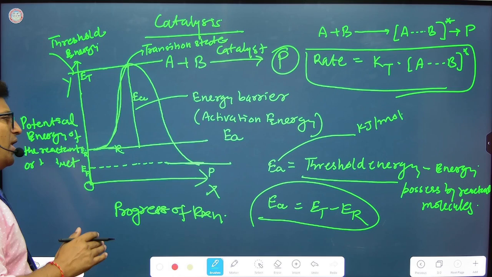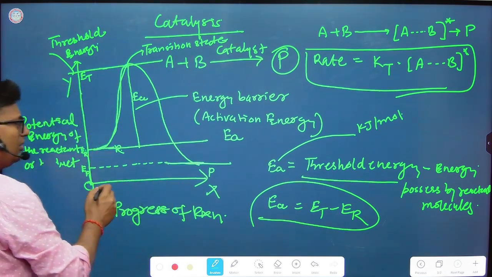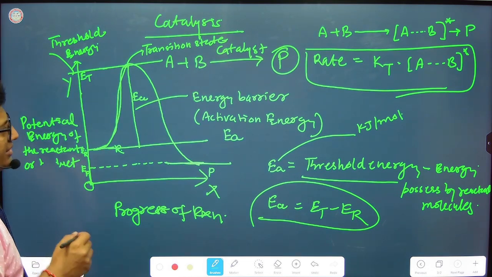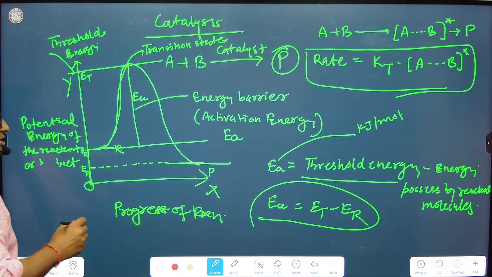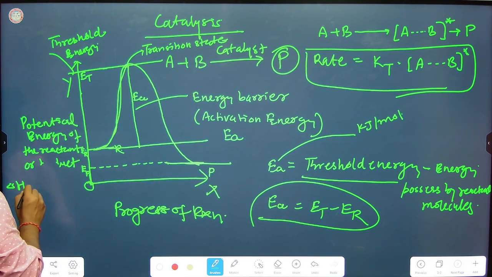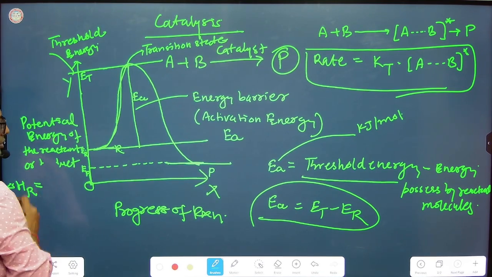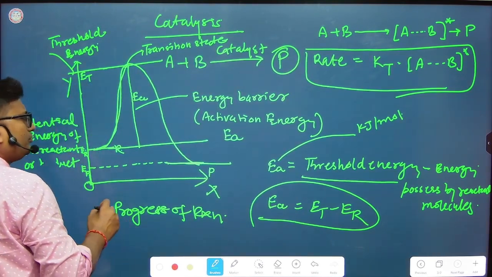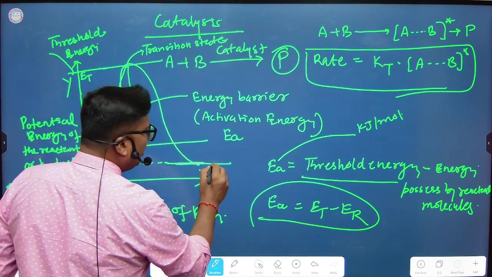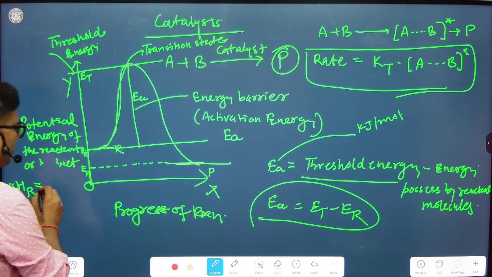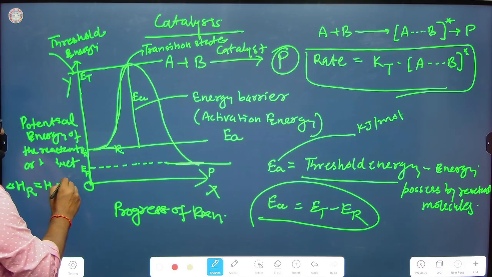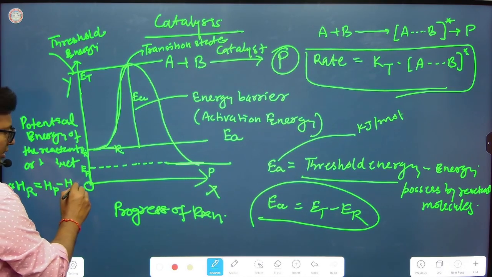So what happens? You can simply say the enthalpy of a reaction or change in Gibbs free energy. So suppose delta H of the reaction will be EP, or simply enthalpy of the product minus enthalpy of the reactant.